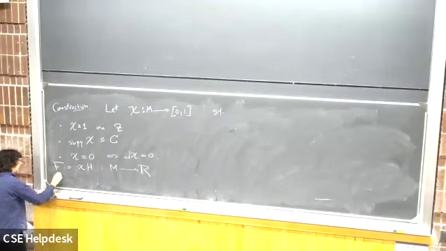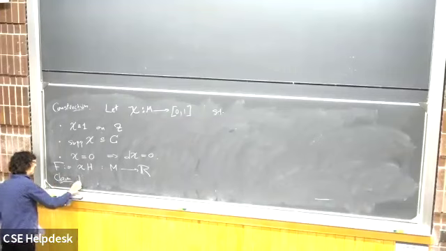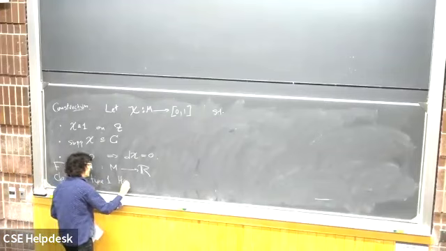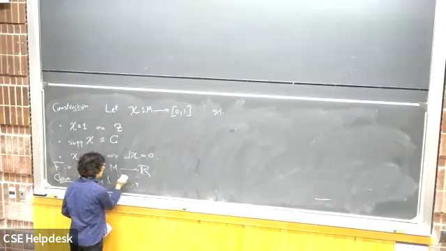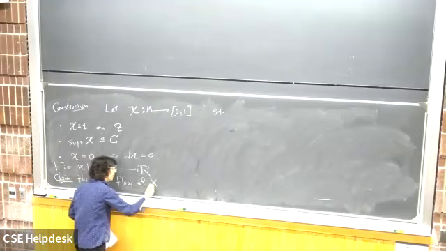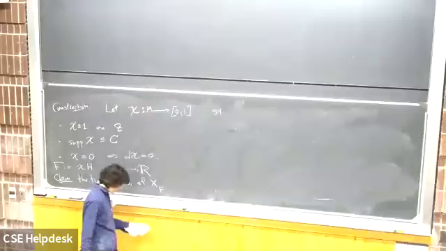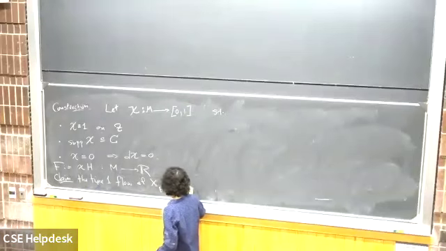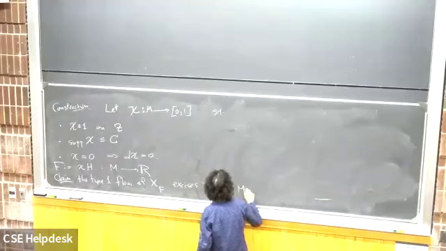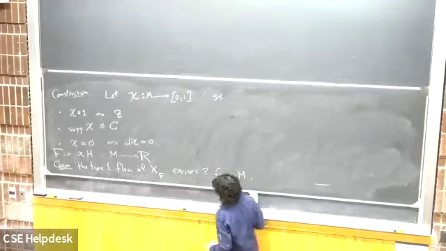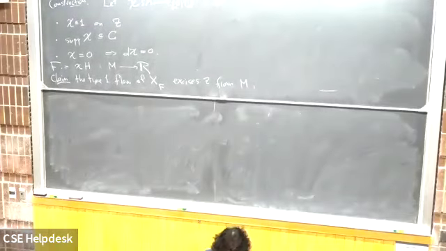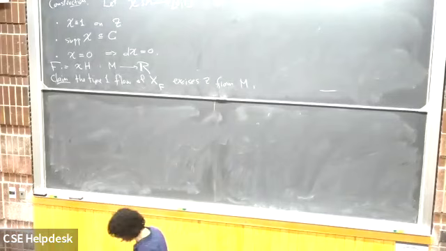Claim: the time 1 Hamiltonian flow of the Hamiltonian vector field of F excises that from M to give a piece. I think I have like 2 minutes left.